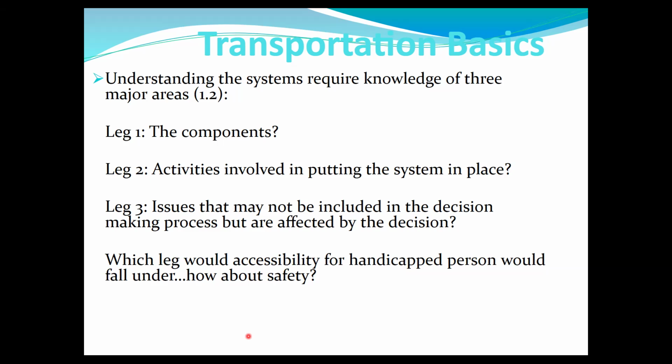It's an issue that you did not include in the decision-making process, but it had a severe impact. And that's what I'm asking: under which leg would you think accessibility falls? For the longest time, and even in some cases currently, you could argue that it falls under leg 3. But what's happening right now is that we're trying to incorporate that information into leg 2, right? We're saying, no, we cannot have this happen.